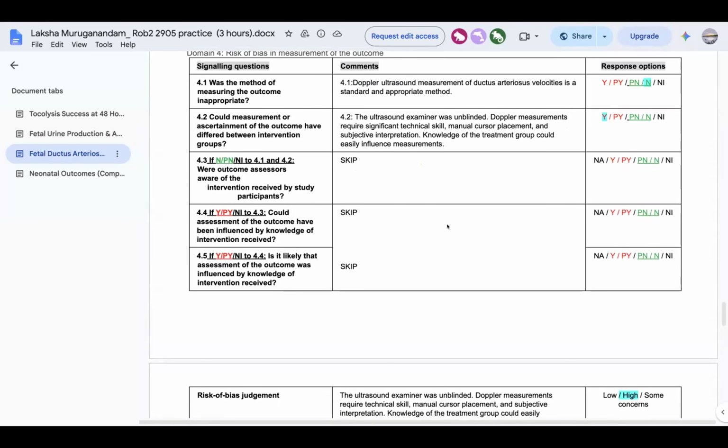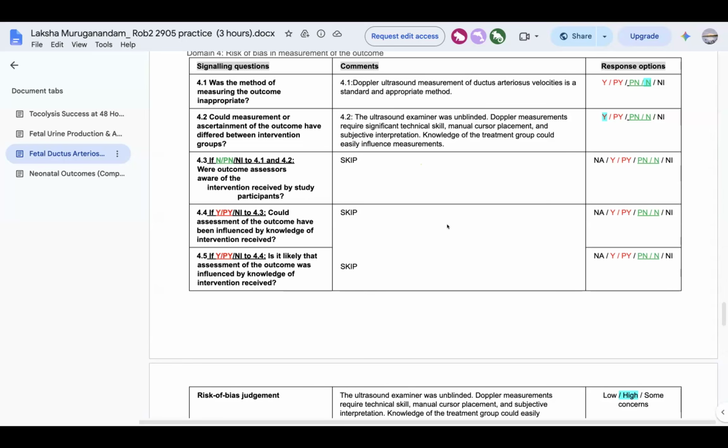I think we all agreed that for 4.2 it would have been no, since it was given as an objective number. Yeah, I agree. And it says that all scans were performed by the primary investigator using an Ultramark 4 ultrasound unit, so I think that's the measurement device for this.